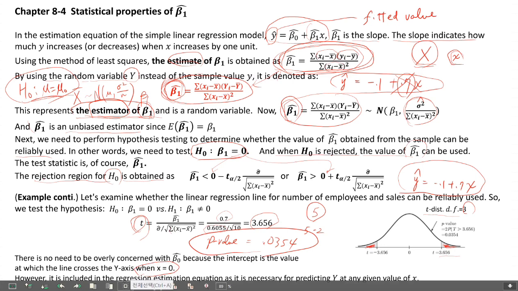If the number of employees is 0, then what does that mean? What is the sales amount? We don't have to think about that. However, it is included in the regression estimation equation as it is necessary for predicting y at any given value of x. I will explain this part next time.